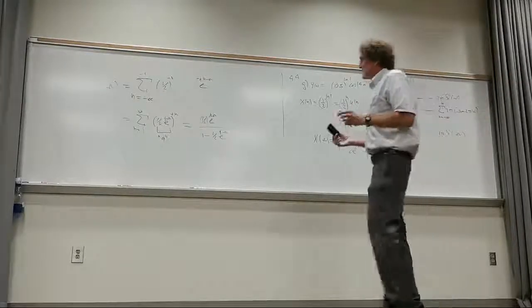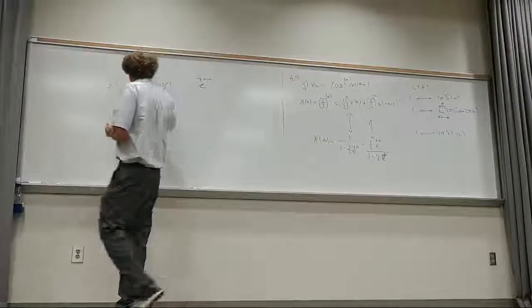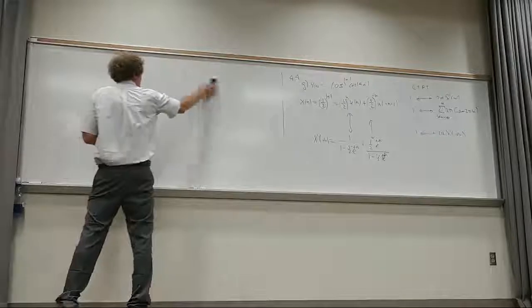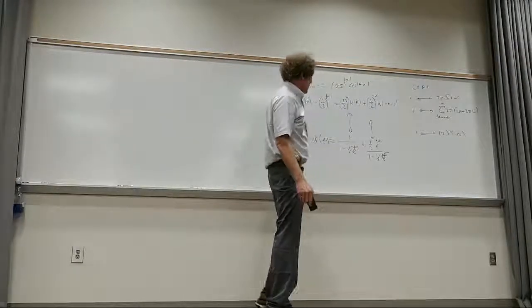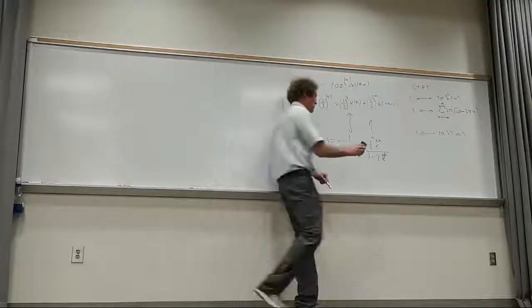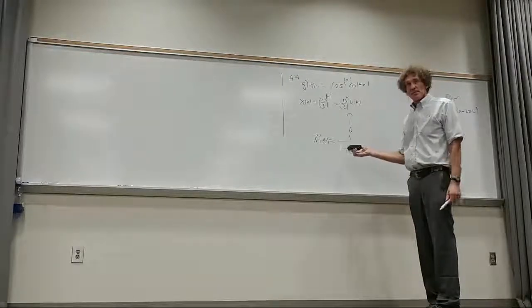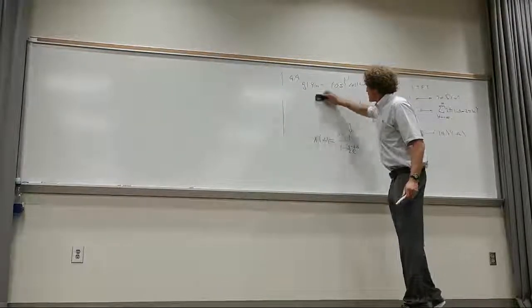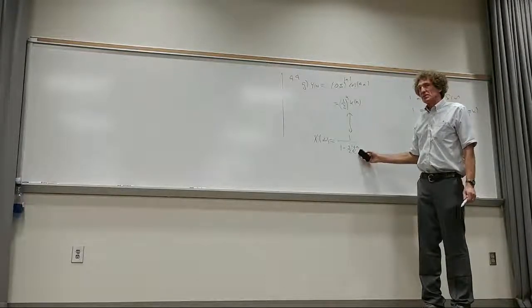Question about the 1/2 to the n here. Go ahead. Would that just be e to the j omega over e to the j omega minus 1? All right, what he's saying is this. Now listen. Don't pay attention to this one. Get rid of that. If you just have this, all right? Just this. Multiply top and bottom by e to the j omega.